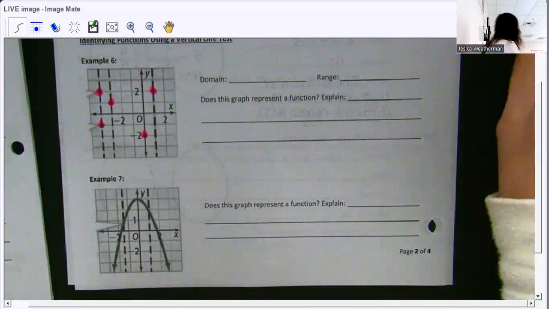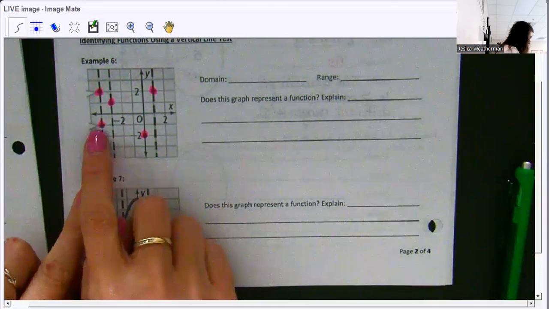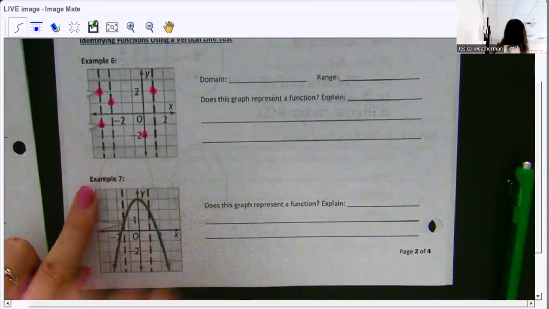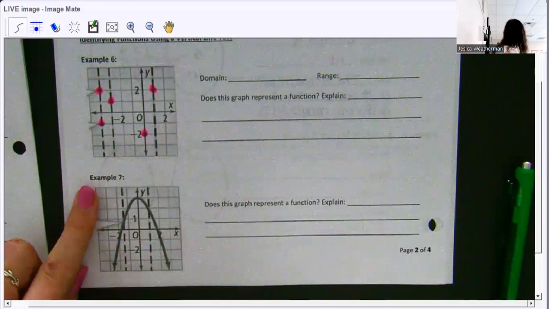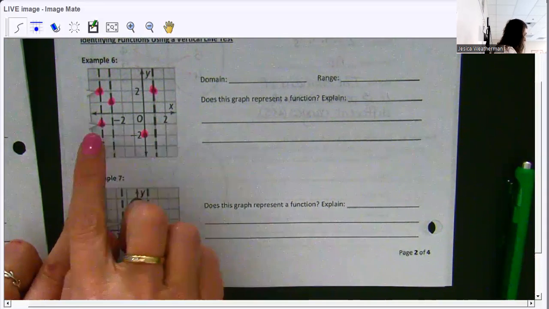Can you tell by looking at the graph what your x values are? Can anyone do that? Raise your hand if you can. Lauren? It goes by one. It goes by ones. So if you were to create ordered pairs, what are your x values in all those ordered pairs? Okay, look at this.